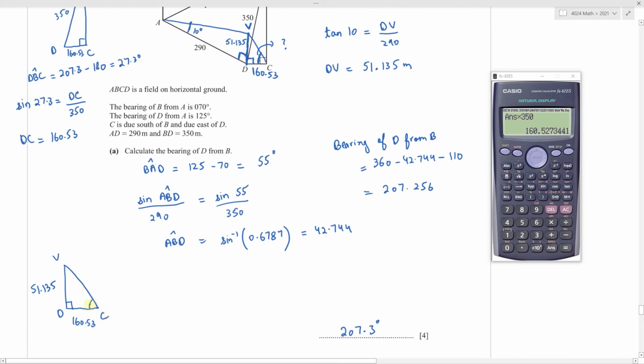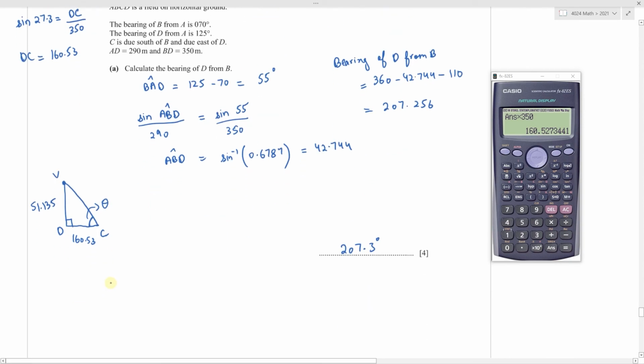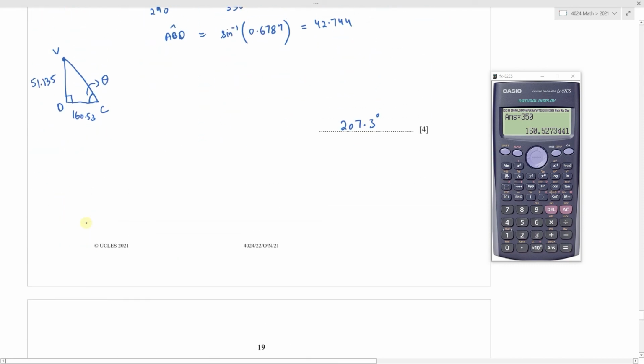And this is the angle of elevation of the top of this vertical mast from the point C. So this is the angle, let's call it theta. This is the angle that I am interested in. So I know the two sides, it's a right angle triangle. So this is the perpendicular and this is the base. So it will be tan.